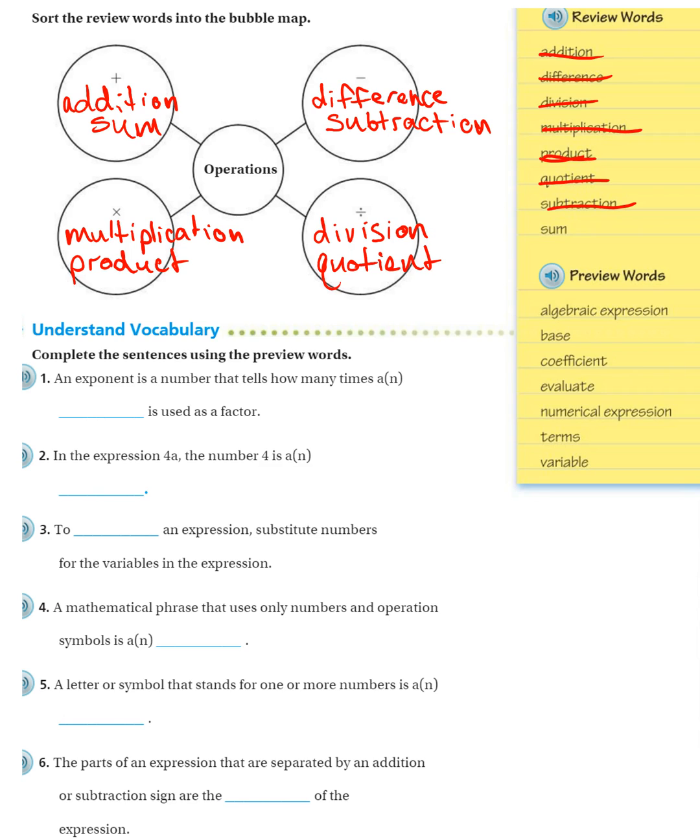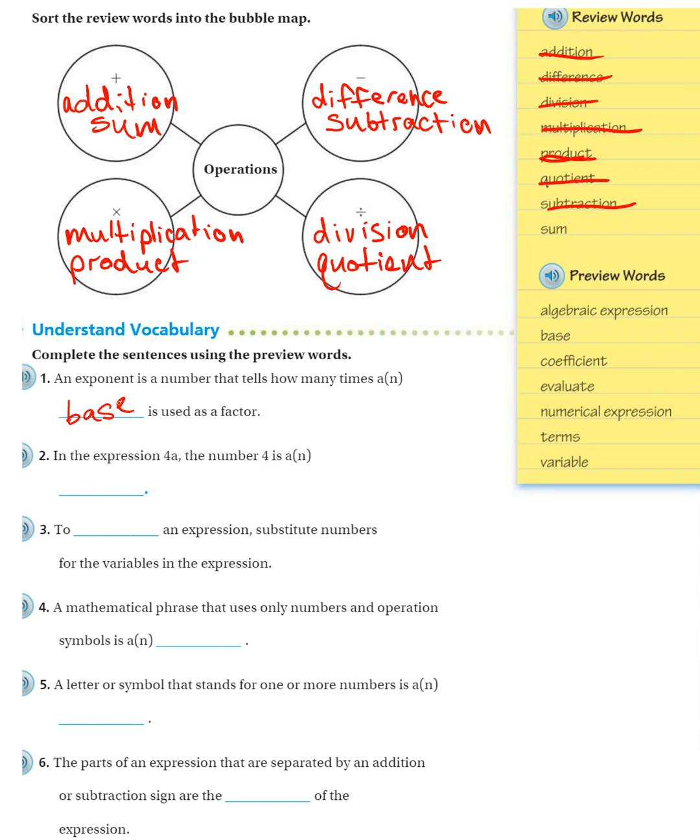Number 1, an exponent is a number that tells how many times a blank is used as a factor. Okay, so number 1, how many times a base is used as a factor.